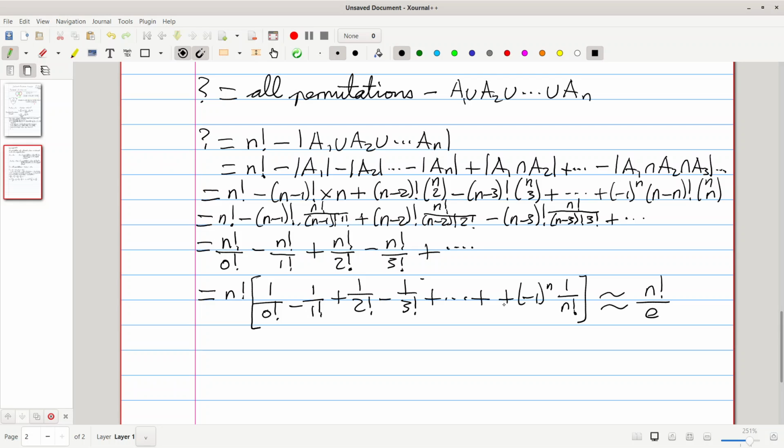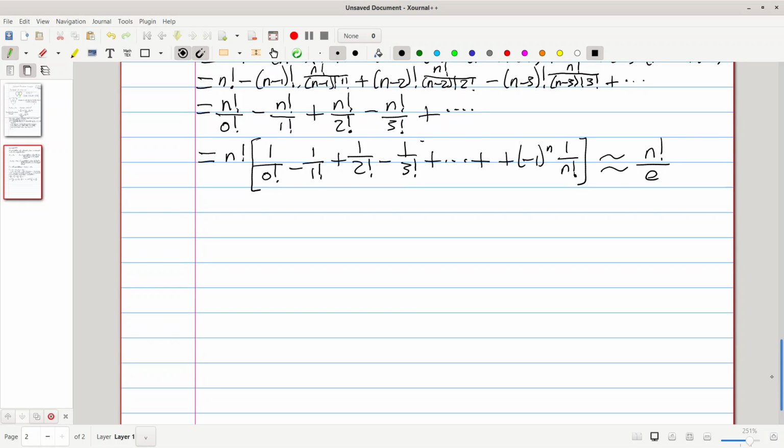You can write this big sum inside the brackets over here. We can write it in sigma notation as well, but I'm not going to do that. And the last classical case of using inclusion-exclusion principle is to get the formula for the Euler phi function.